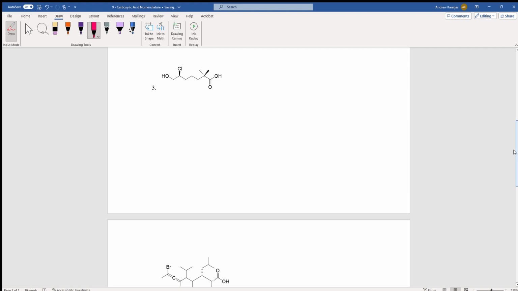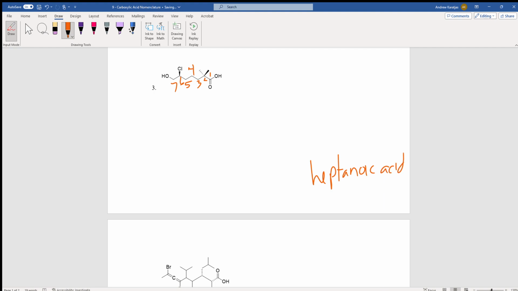All right, in question 3 here, again, we number our chains starting with the carboxylic acid. Seven carbons means that, again, we're dealing with heptanoic acid. What do we have for substituents?